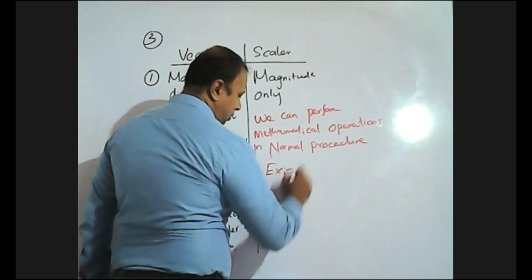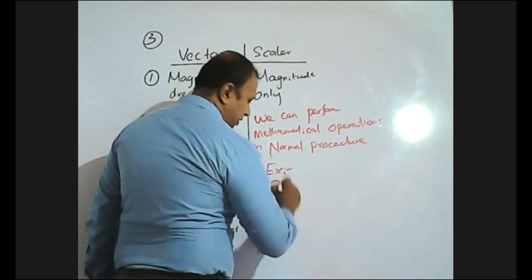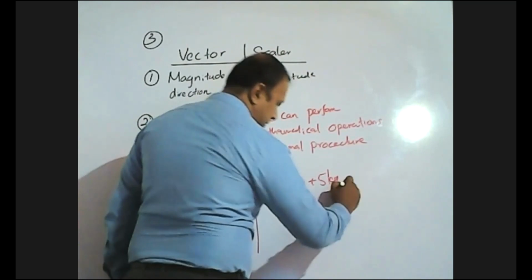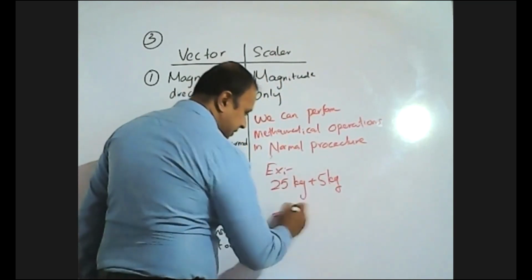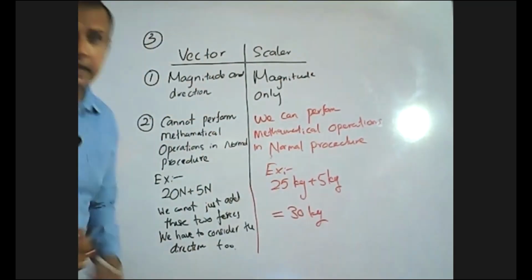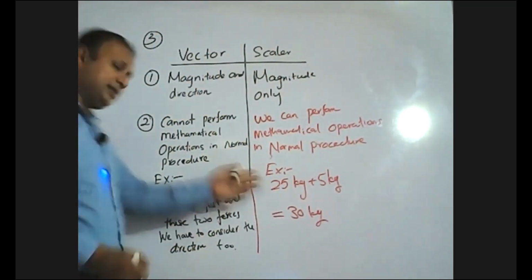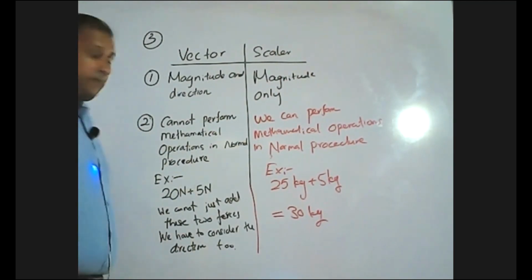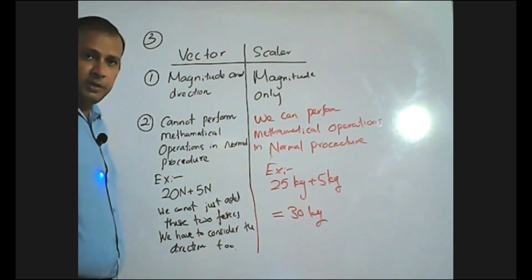For example, if you want to add 25 kg to 5 kg masses, the answer is 30 kg. We can simply add those two because those are scalar quantities. But we cannot do that in vectors because vectors have directions.